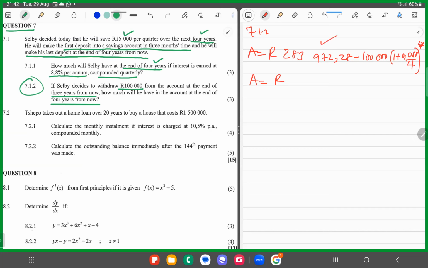And we are subtracting the 100,000 that he withdraws 3 years from now. So 3 years from now, he is left with 1 year to the end. For 1 year, therefore, you put a 4 here. You subtract 1 year, because it's at the end of the 3 years.